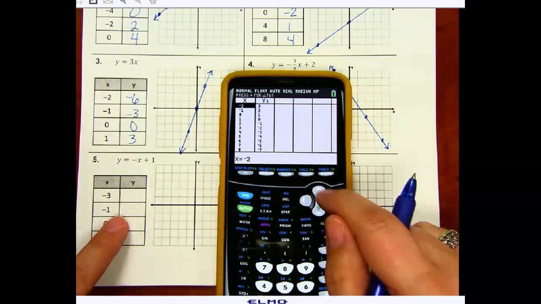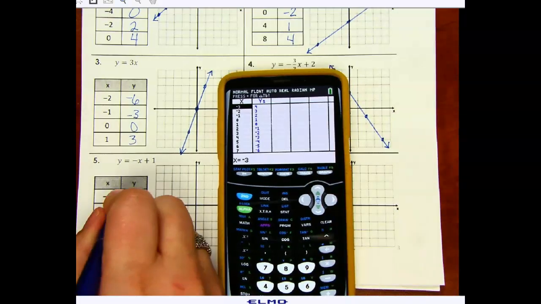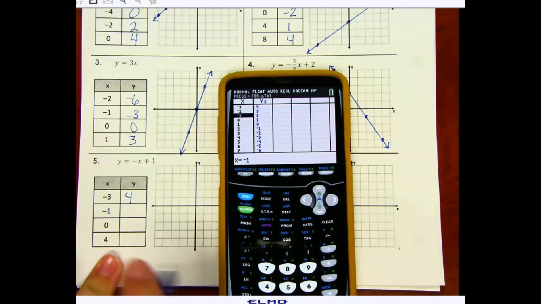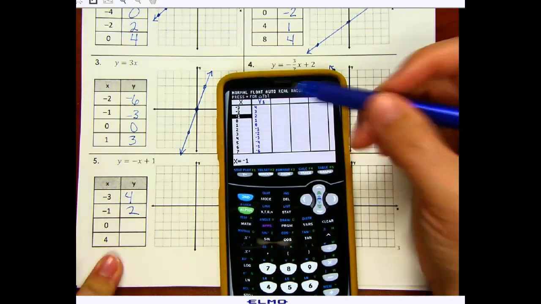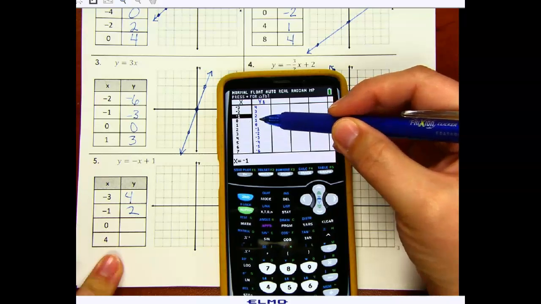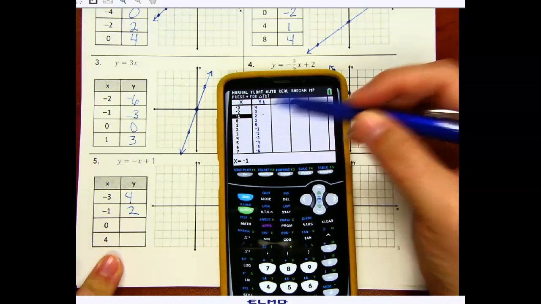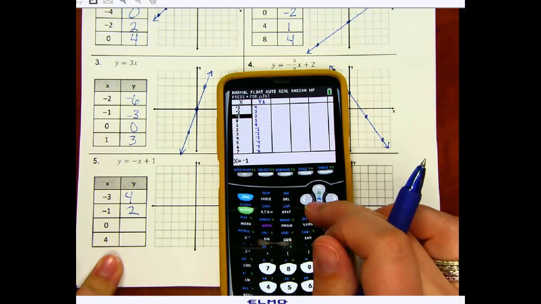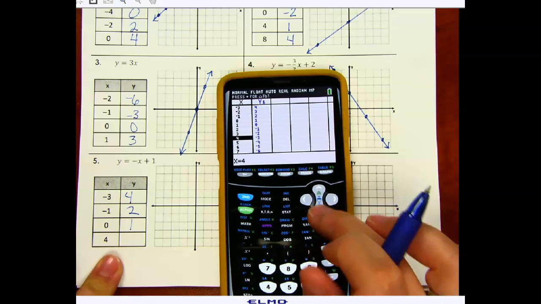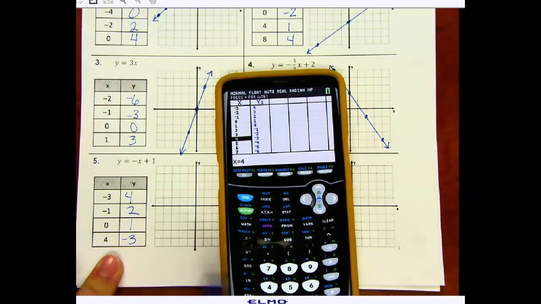So you've got negative 3, which is 4, negative 1, which is 2. So you're looking for the x because that's what you have, and then you're going to write down the y that goes with it. And then 0 is 1, and then 4 is negative 3.